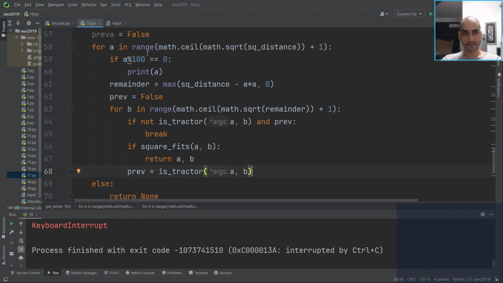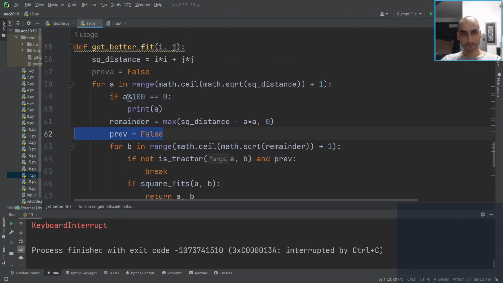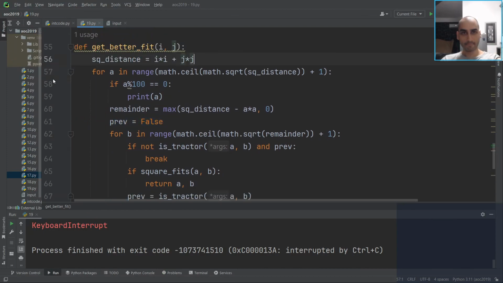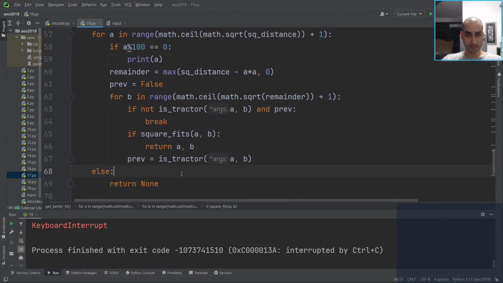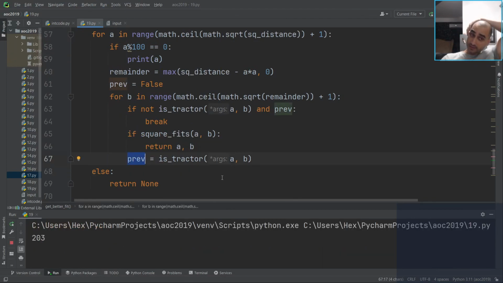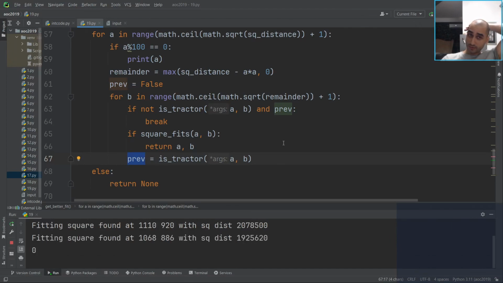Alright, leave that out for now. Yeah, no, this doesn't make sense. Okay, just stick with the prev just for the B's. Alright, run that now. That'll avoid computing too many B's.